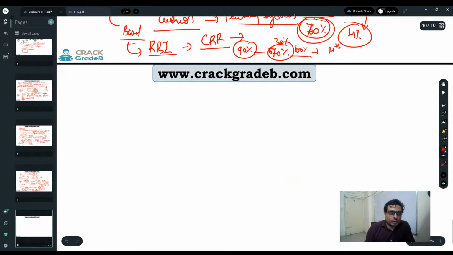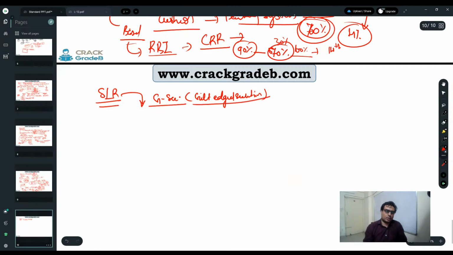So CRR is okay. Now SLR. Why SLR? As I told you, because most of the banks are going to put their SLR in government securities or gilt-edge securities, right? So they are going to maintain it in the form of gilt-edge securities.